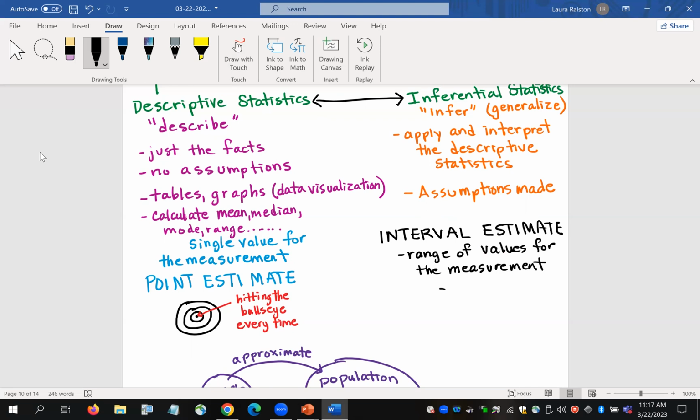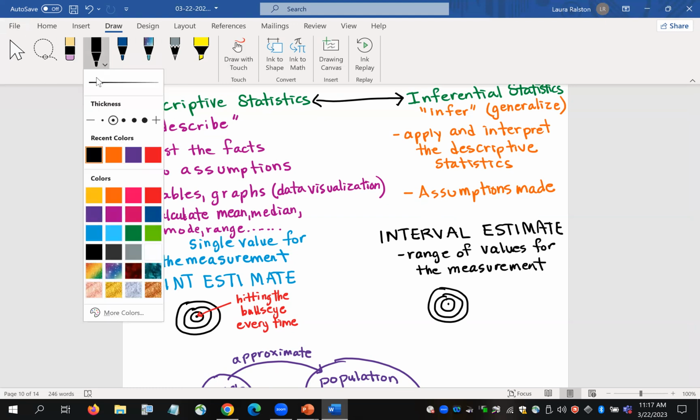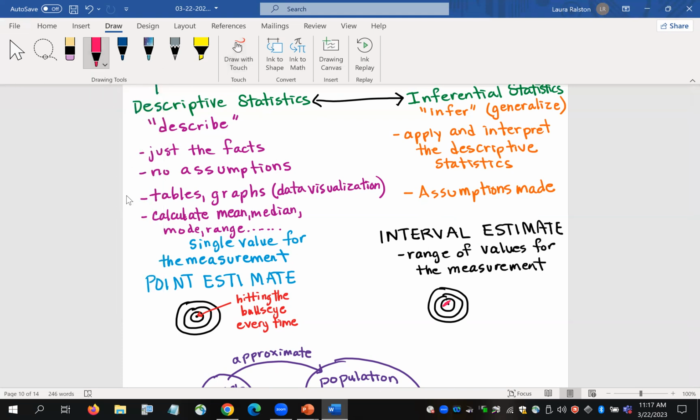So again, if I'm thinking about trying to hit that target, if I have a range of values, that actually expands what I can hit. I don't have to worry about hitting the bullseye anymore. Maybe I have a bigger area that I can aim for.